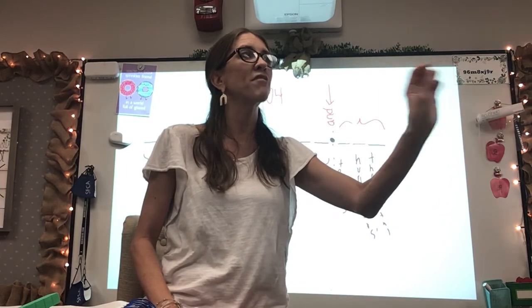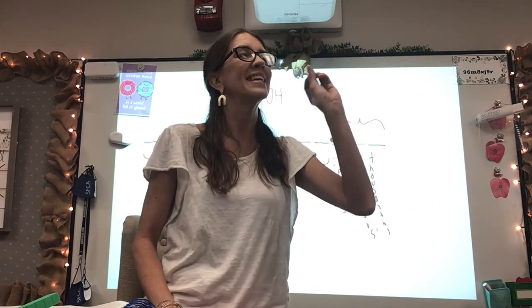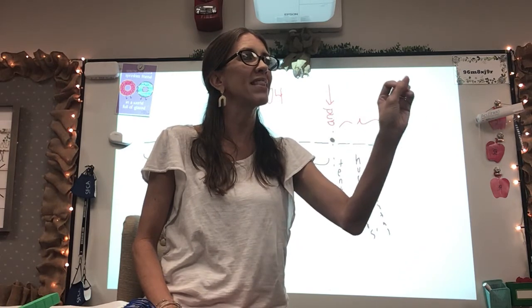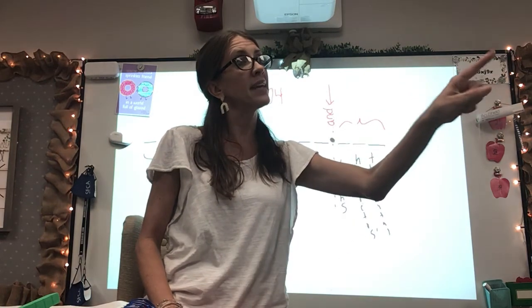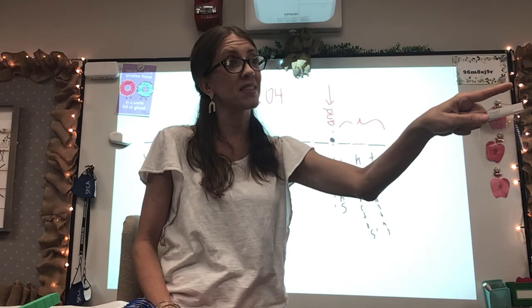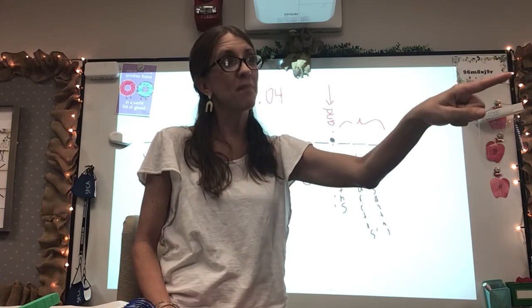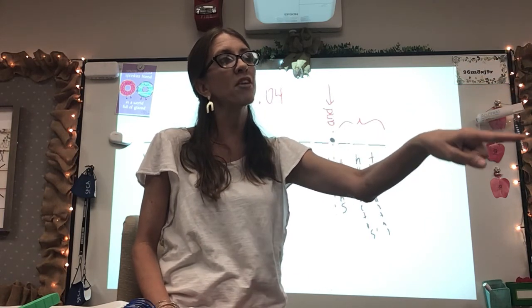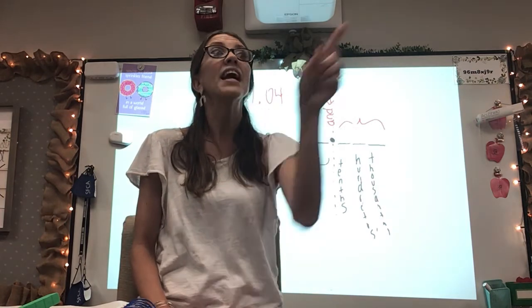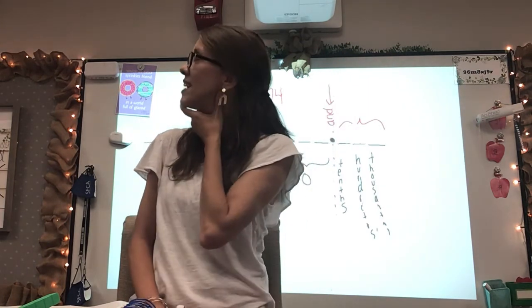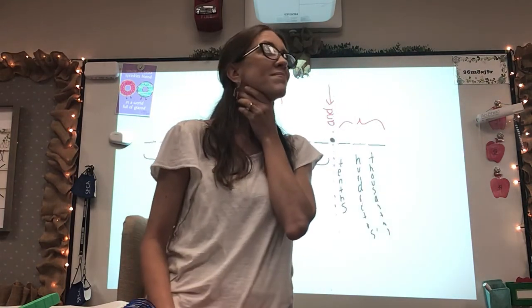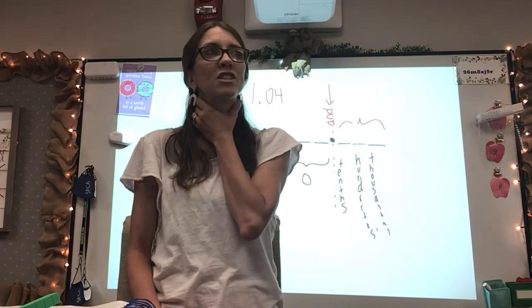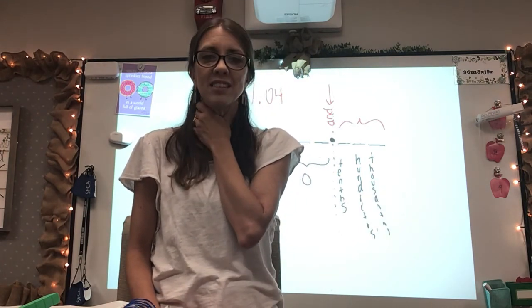I'm sorry, 10 and 30 thousandths. So yours says 10 and 300 thousandths. You look at yours, 10 and 300 thousandths. You wanted to say 30. Nice. Much better.